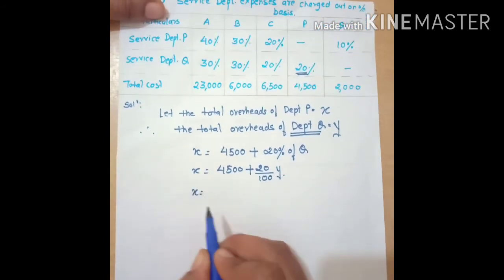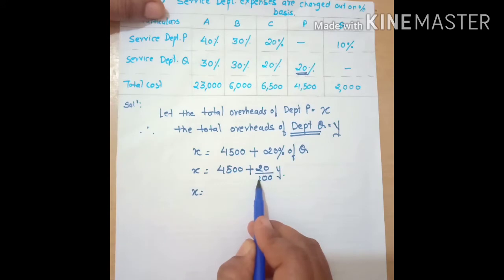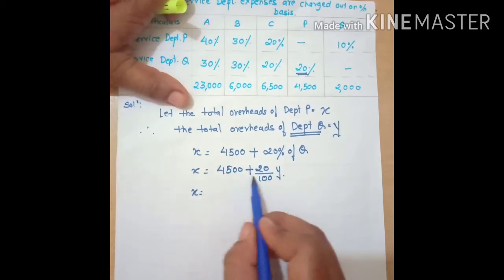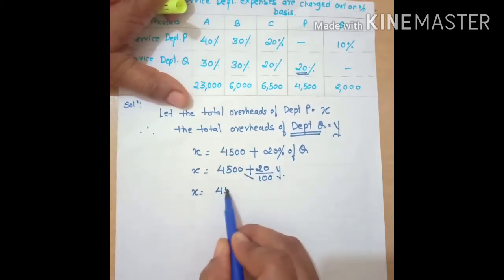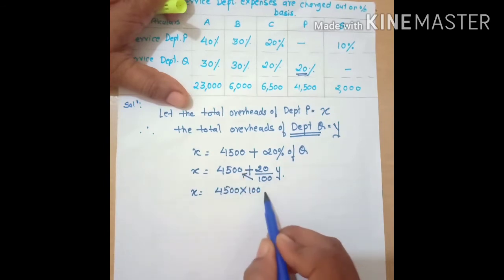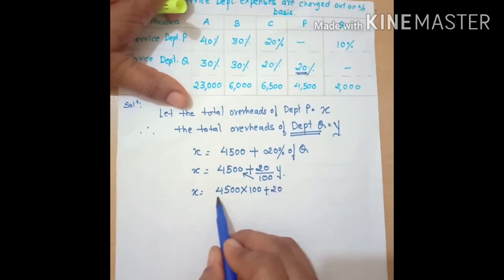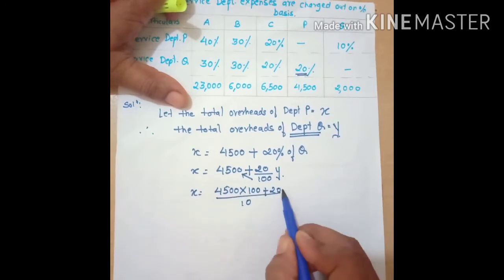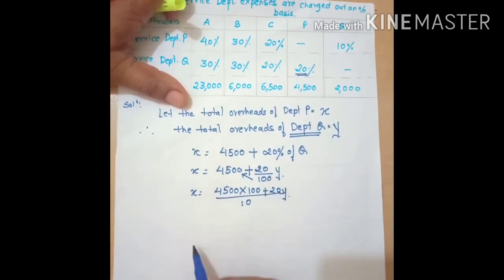Then next, as X is equal to, we have to take the LCM. So the LCM comes like this: 4,500 multiplied by 100 plus 20 divided by 100, and this Y will be there always.